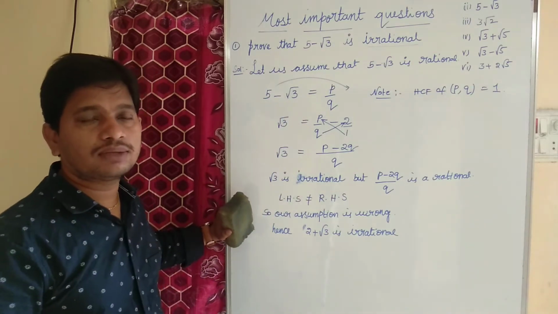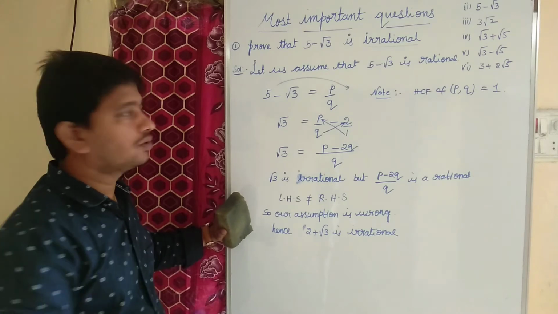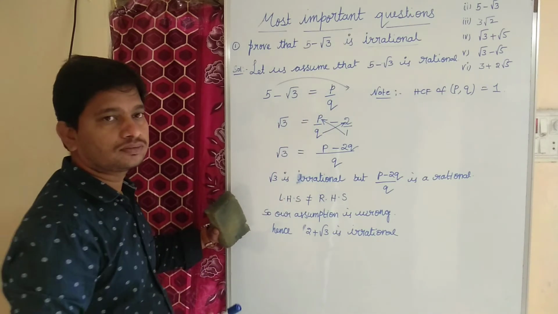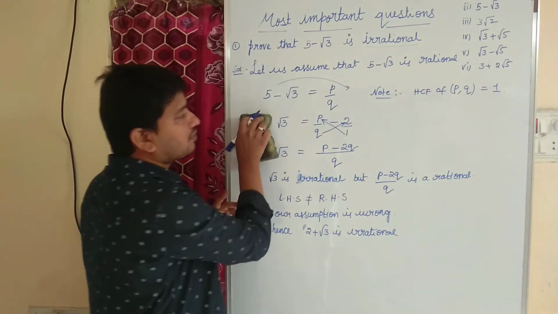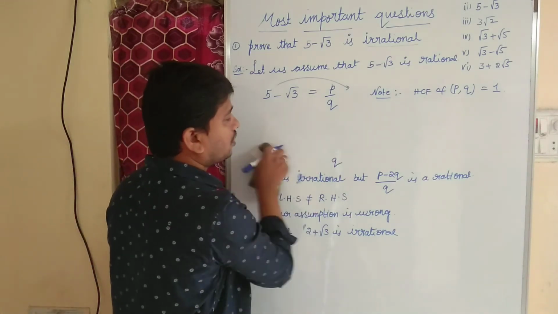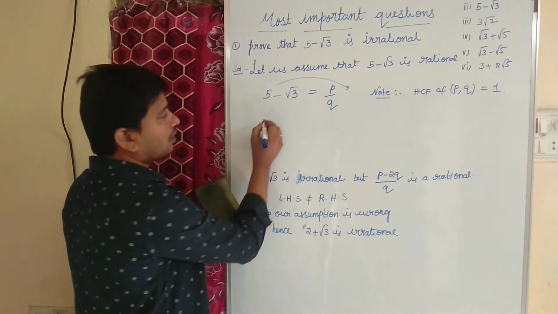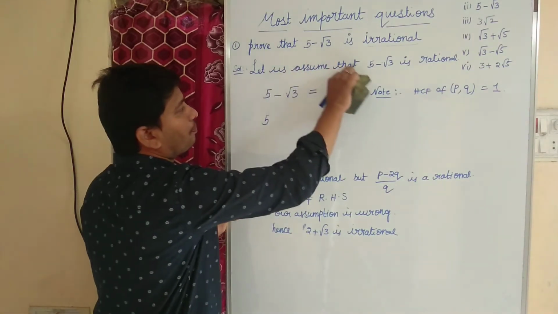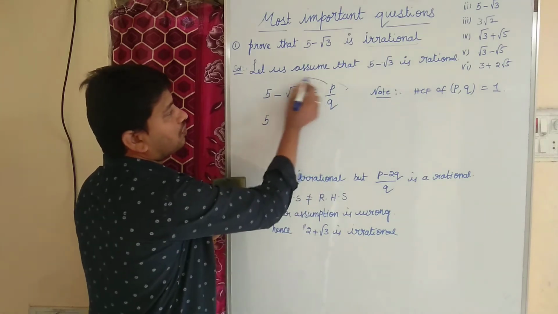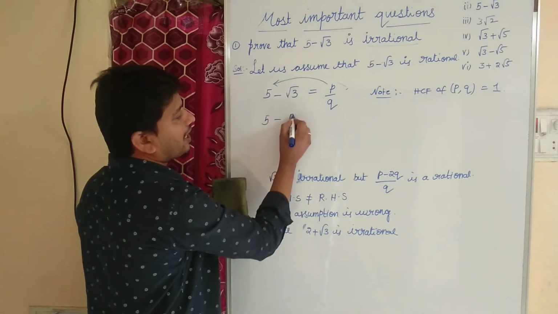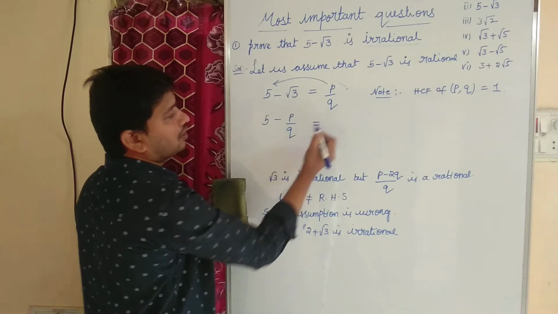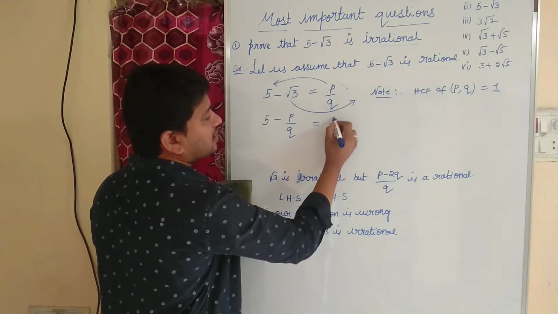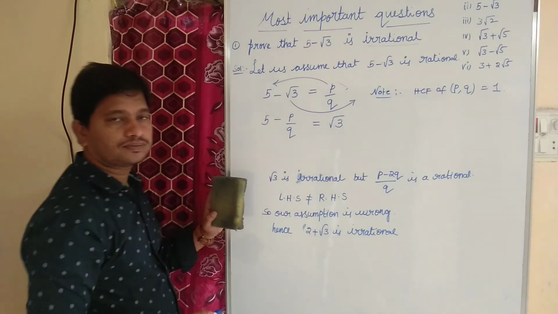What do you mean by a rational number? It should be in the form of p by q. So 5 minus root 3 equals p by q. Let 5 stay here. Now transpose p by q towards the left hand side, and transpose minus root 3 towards the right hand side, and it will become plus root 3.